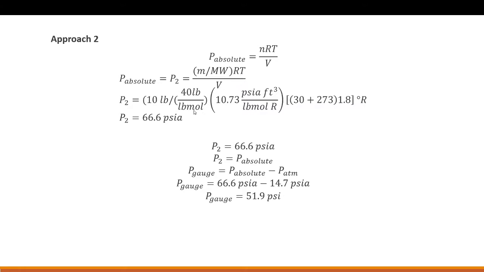So substitute everything in, we should get 66.6 psia. Same thing, find the gauge pressure by using the absolute pressure minus the atmospheric pressure.